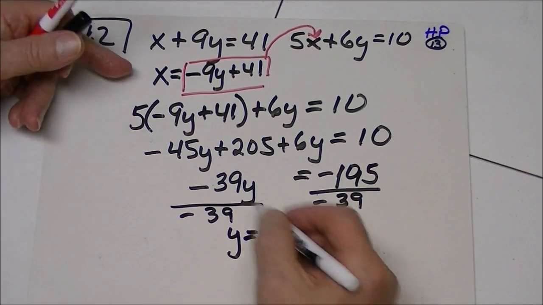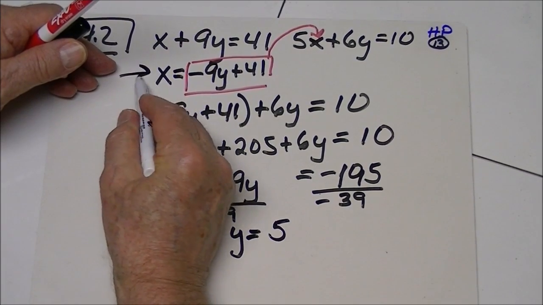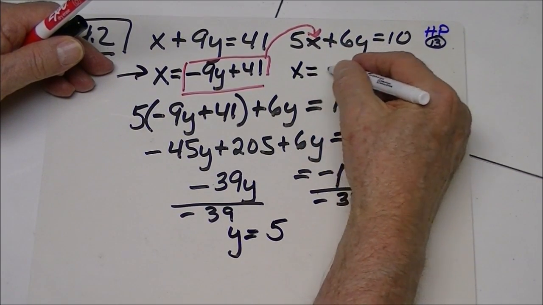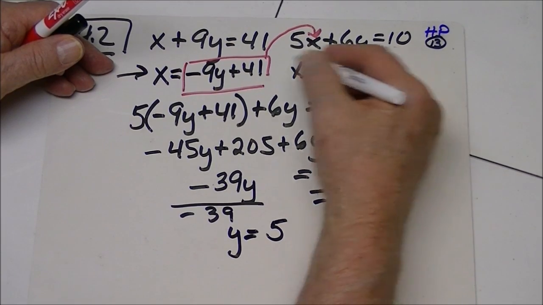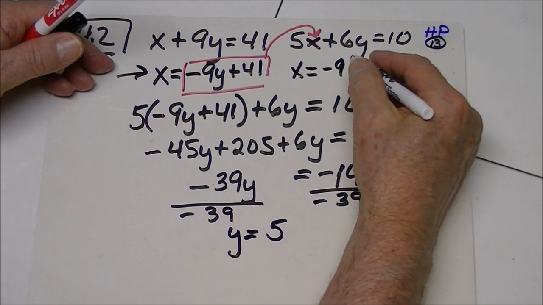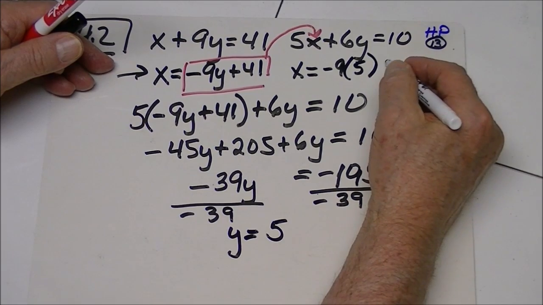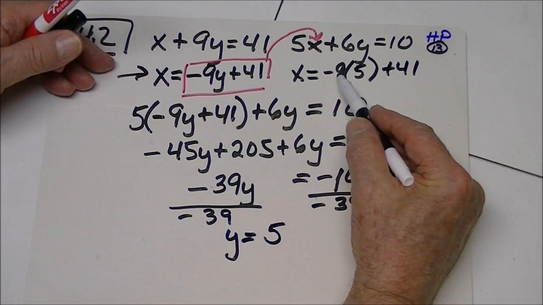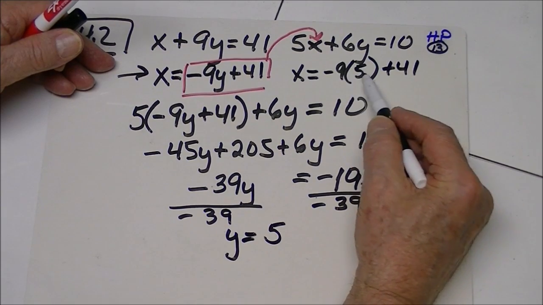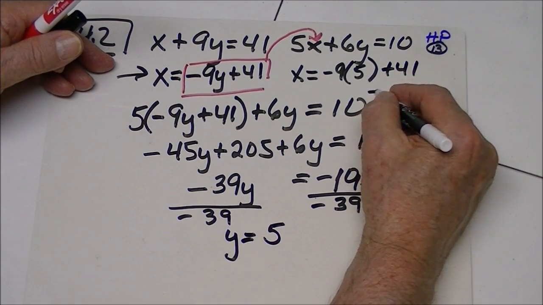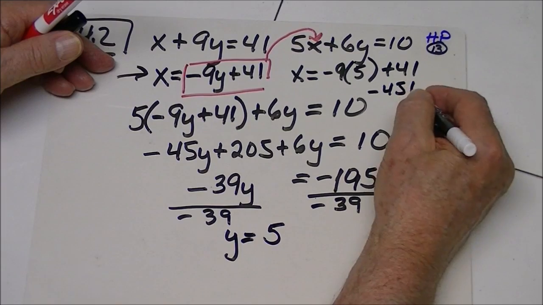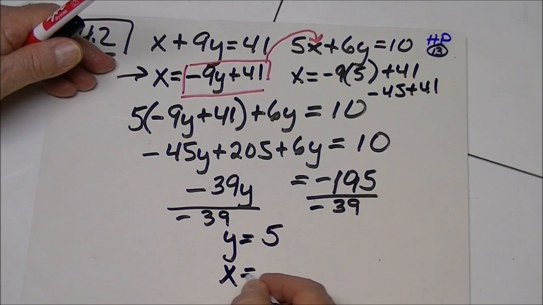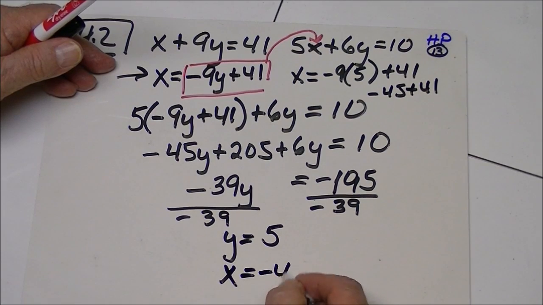We can then use this equation to substitute. x equals a negative 9 times 5 plus 41. Well, this is a negative 45. We can write it out here. Negative 45 plus 41 will give us then for x a negative 4.